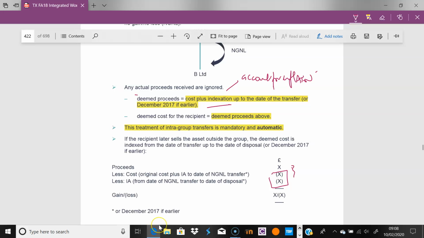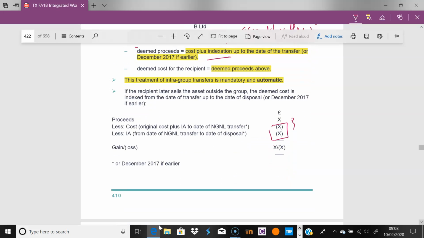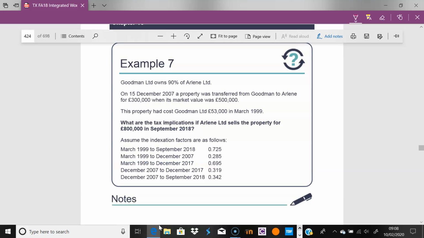So let's see here what's going on. December 2017 is the key date to take into account. So let's see what's happening here. So really what's happened here ultimately is, this says on the 15th of December, a property was transferred from Goodman to Arlene for 300,000 when its market value was this. The truth is, both these figures are entirely irrelevant.